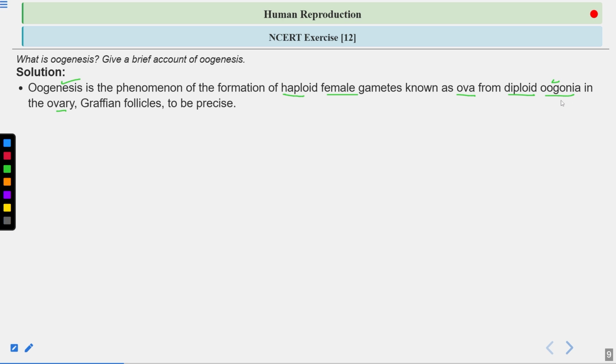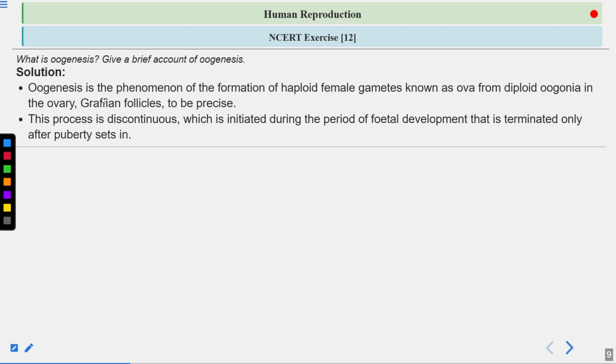In these oogonia, meiosis occurs, and through this meiosis the female gametes are formed. Oogenesis, you have to remember, is discontinuous. It is initiated during fetal development, means these oogonia are formed in the fetal ovary, in the embryonic stage.